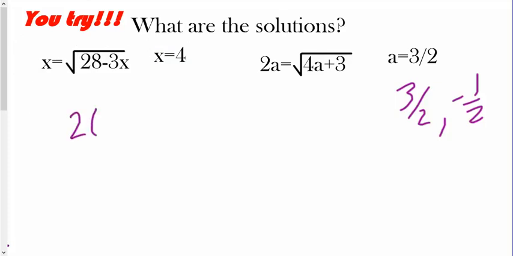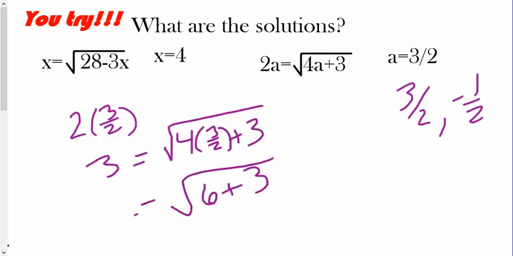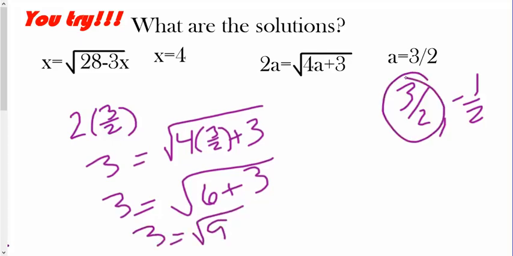So 2 times 3 halves is 3 equals the square root of 4 times 3 halves plus 3, or 6 plus 3. And the square root of that we know is the square root of 9, which is 3. So that would work.